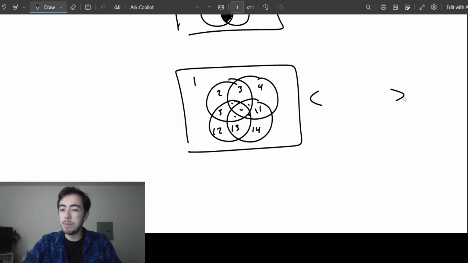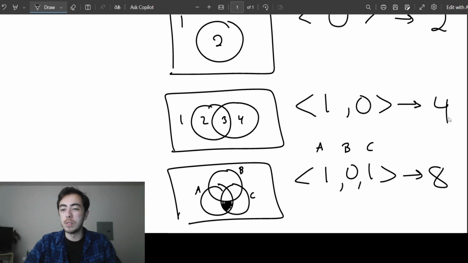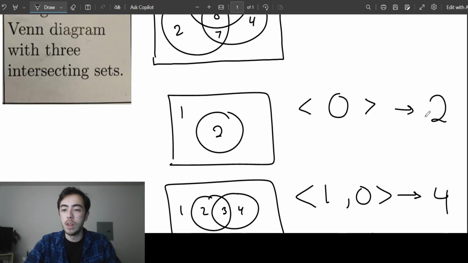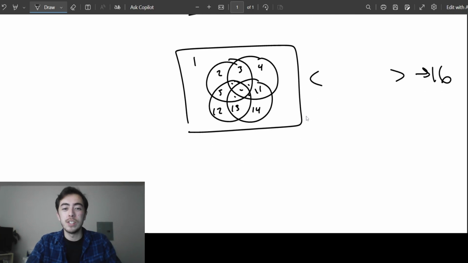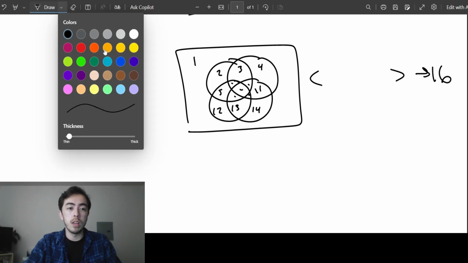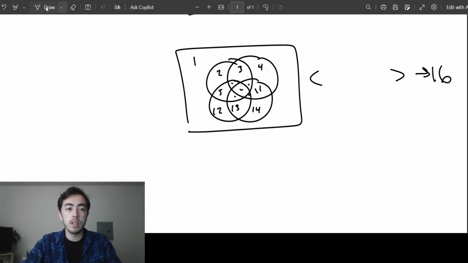This seems to break the pattern of these numbers on the right side, these powers of 2, right? We have 2, 4, 8. Shouldn't this be 16? And yes, it should be. It's just that this Venn diagram that I drew is missing 2 key spots. There's no place on this Venn diagram where we can have belonging to this group over here and that group over there without encountering anything from this group or this group.